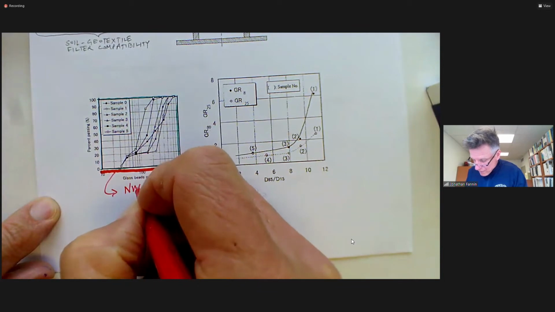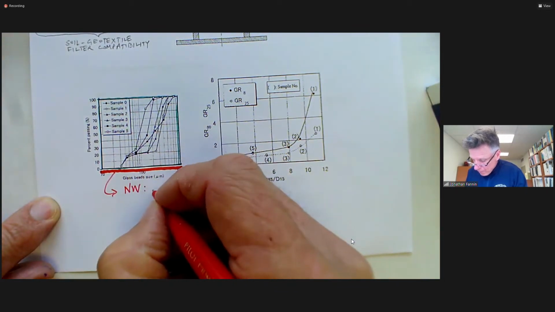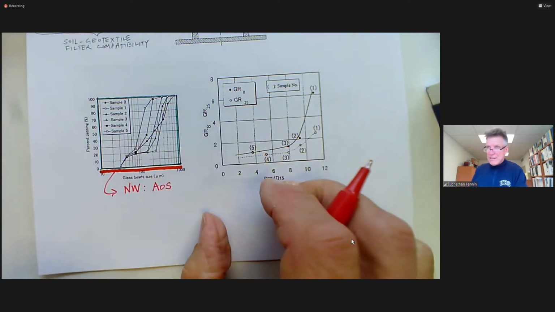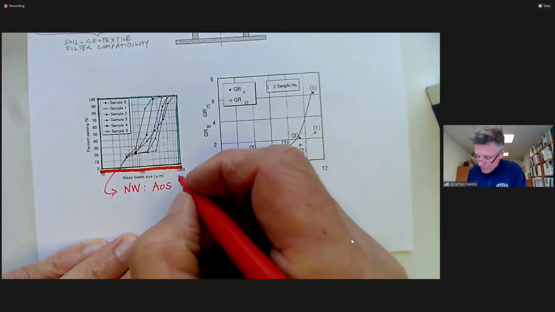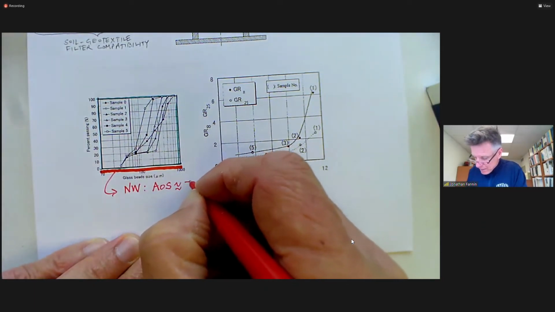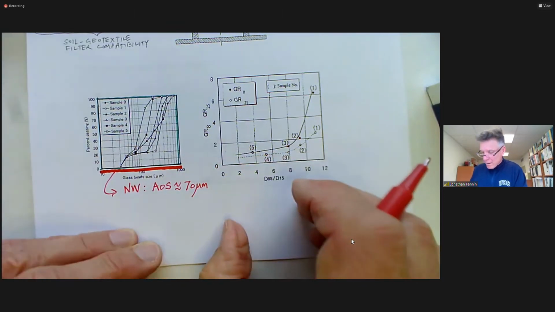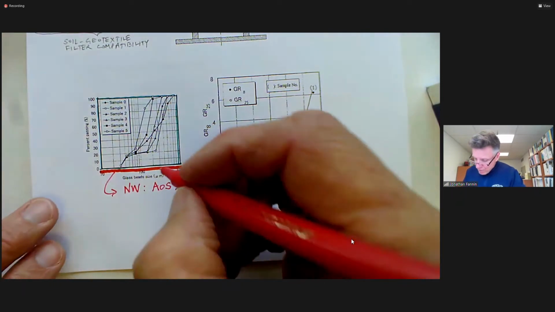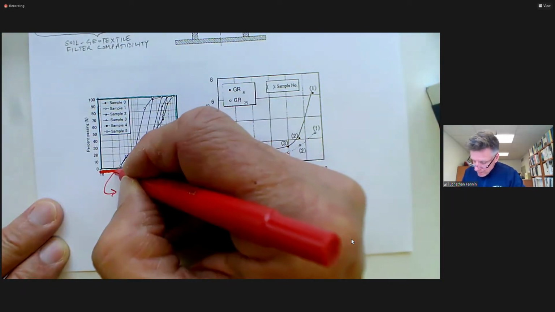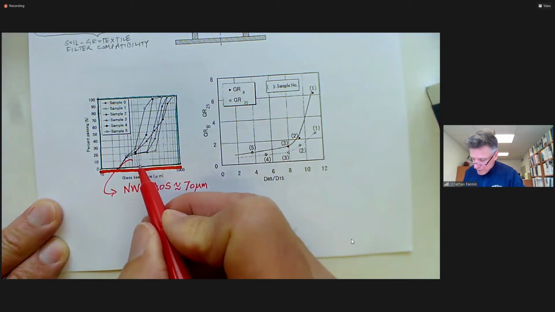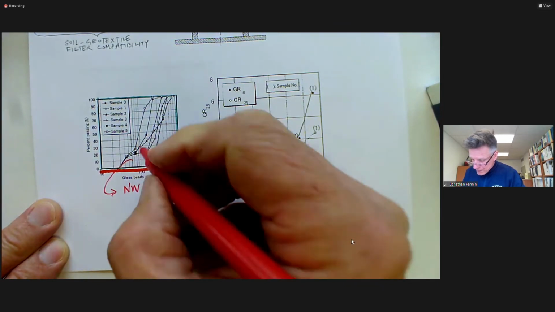Non-woven geotextile with an opening size. It was actually measured according to the Japanese system, which is not quite AOS, so I'm just going to put approximately 70 microns. Okay. In fact, we could go in and mark that on the 190, 80, 70.